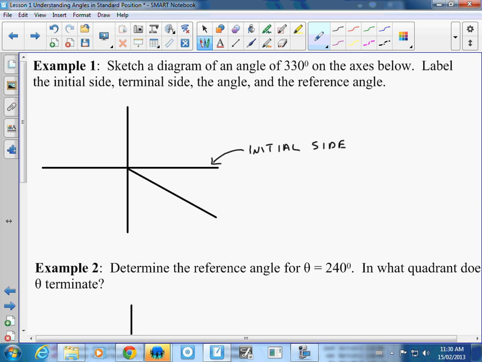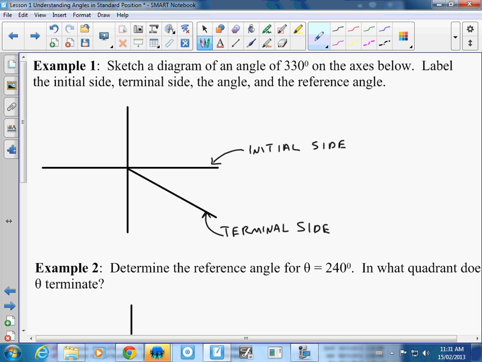Is it the line I just drew? Yeah, that's the terminal arm. That's where it terminates. It's spun all the way around. This right here is my terminal arm.